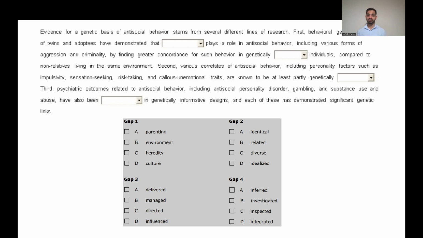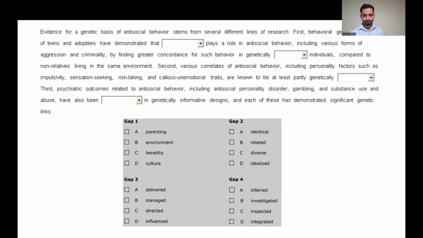So contextually and in terms of collocation, I'm going to go with investigated. Have also been investigated in genetically informative designs, and each of these has demonstrated significant genetic links.